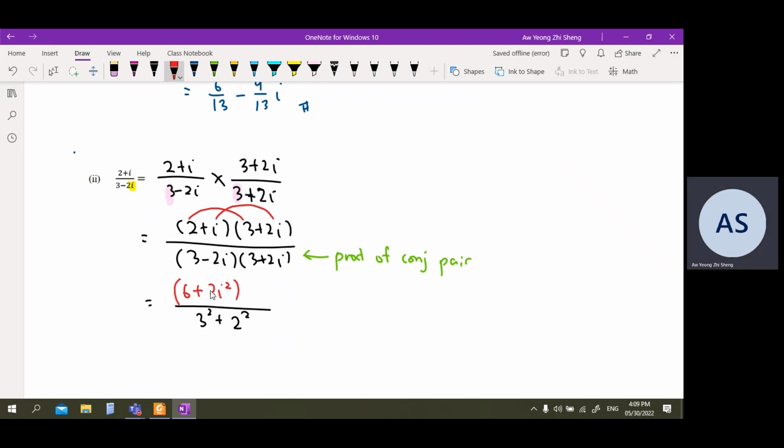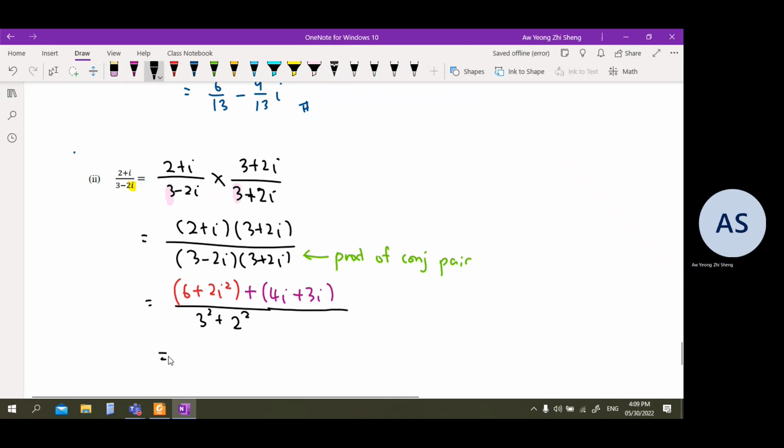These two terms will eventually generate the real term. Then next, I will write down the other two combinations, which generate the imaginary terms. The outer combination will give me a 4i. The inner combination is a 3i. And I extend my line longer.